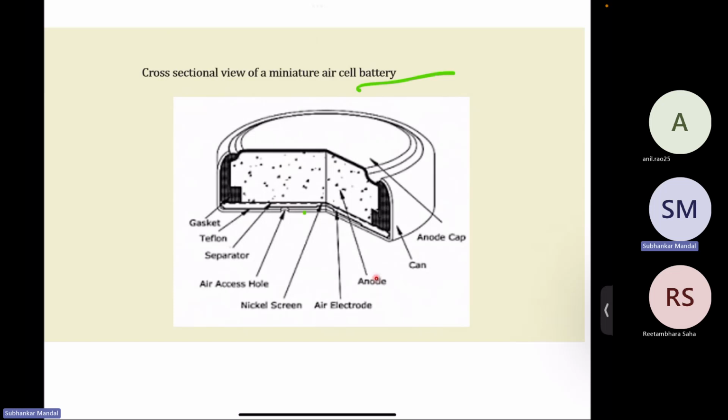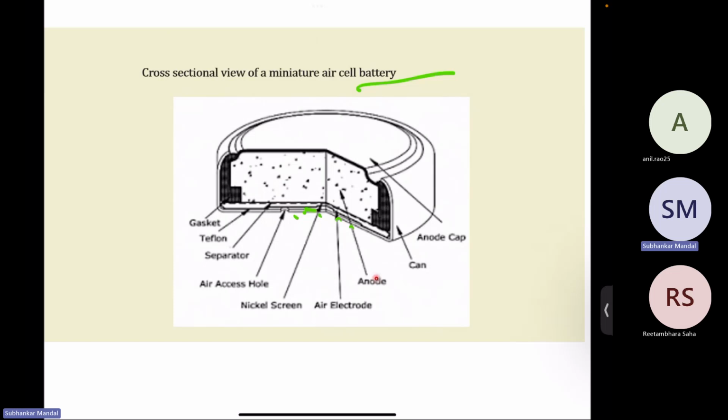Basically, one side is porous, and on the other side you have the anode and cathode, so that air or whatever gaseous reactant can enter the cell and some electrochemical reaction can happen, right? So that is one of the types.